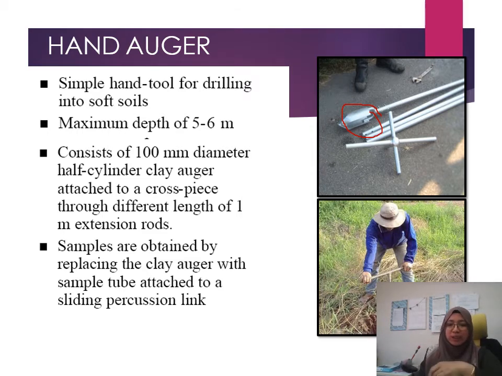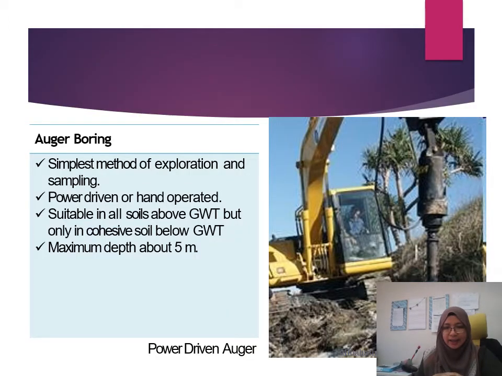It is manually operated. Next is auger boring. It is a simple method of exploration and sampling. This procedure is unlike hand auger. Auger boring can be power driven or hand operated.